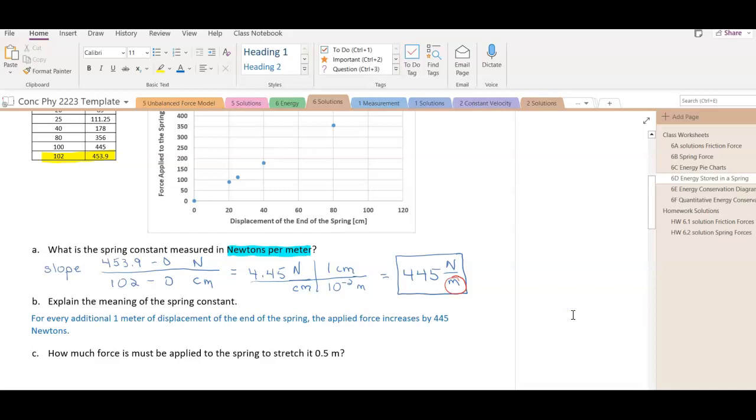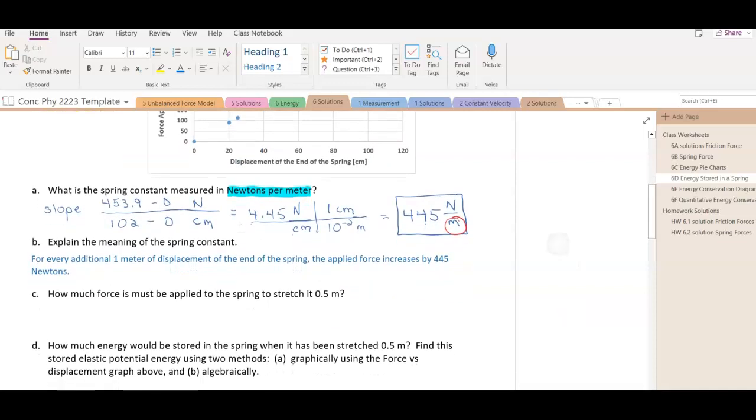So how much force must be applied to the spring to stretch it by half a meter? Well, here I really need a physics equation, right? Which is that the applied force equals the 445 newtons per meter multiplied by the displacement of the spring. And this is a formula we need to know.